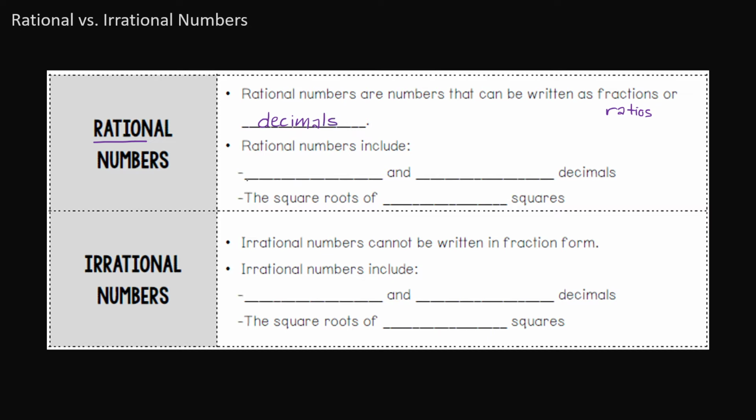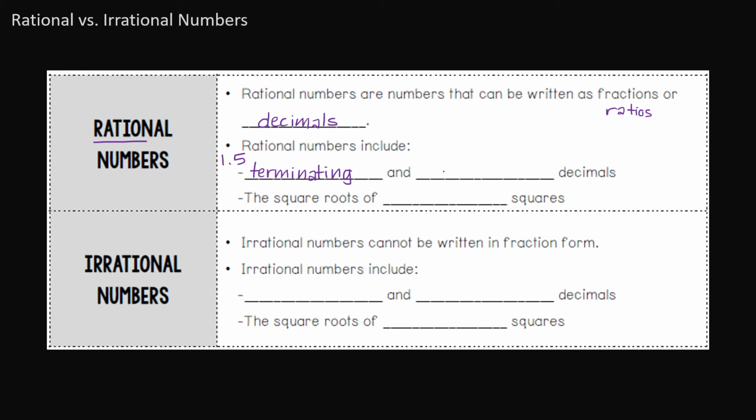Rational numbers include terminating and repeating decimals. And in our last lesson, we talked about how terminating decimals end at a certain point. Like, for example, the decimal 1.5 ends at the tenths place, 5.